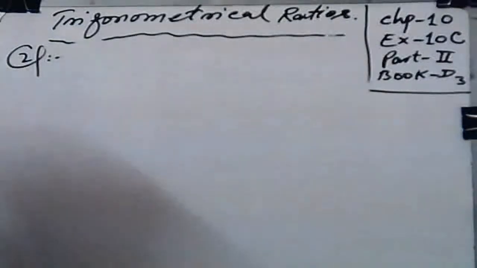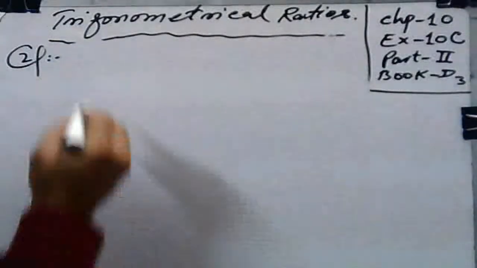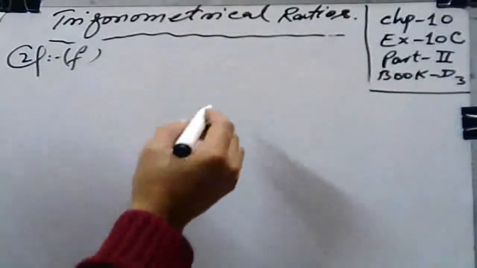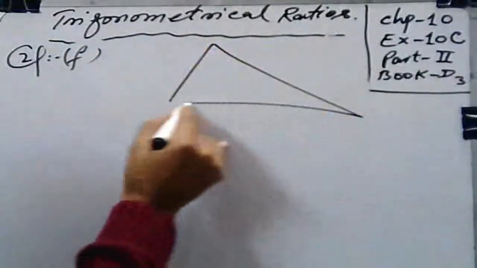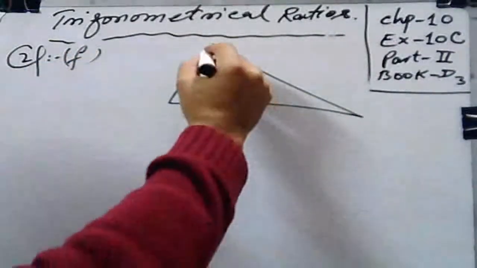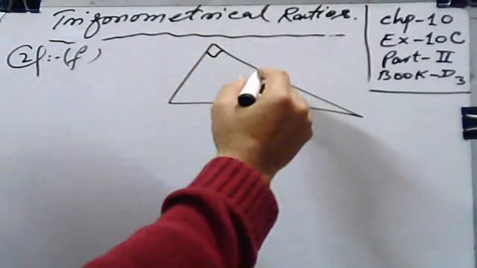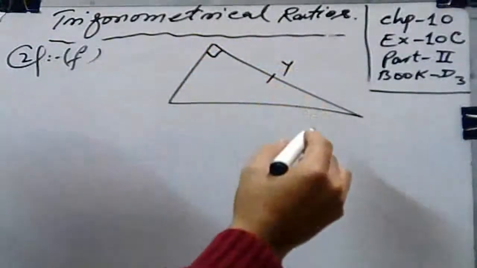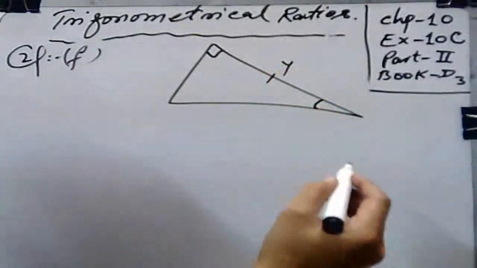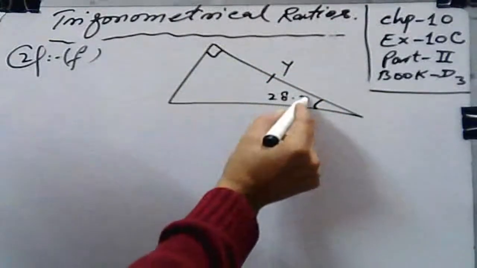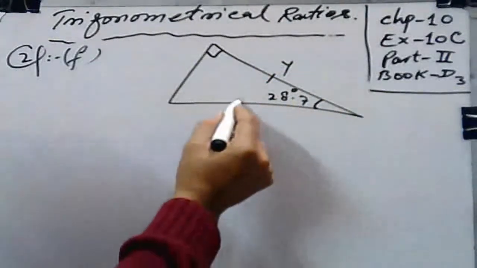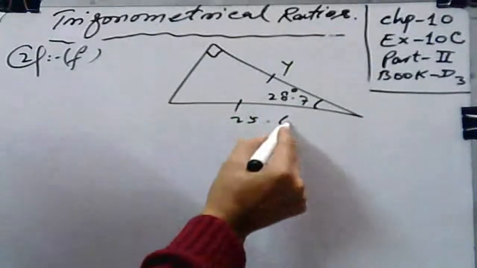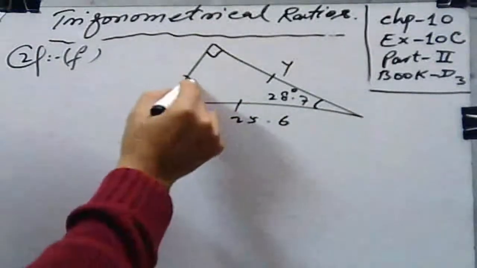So now coming to the next part, that is your F part. You can see in this part the given triangle is like this.